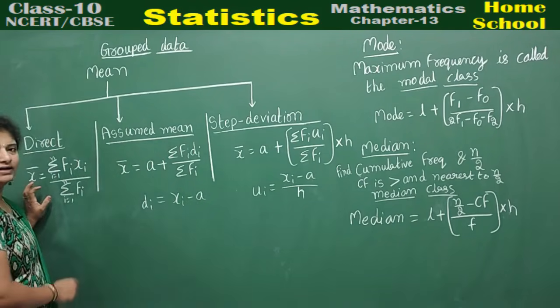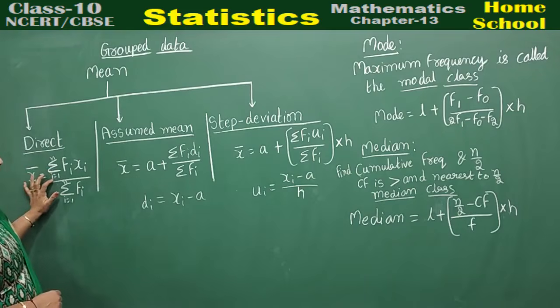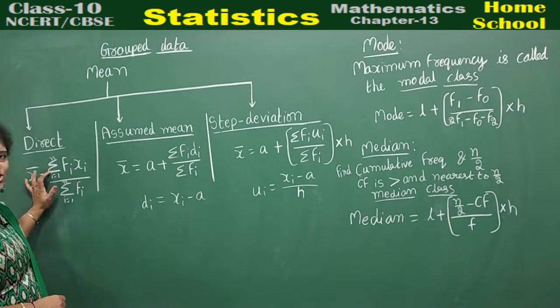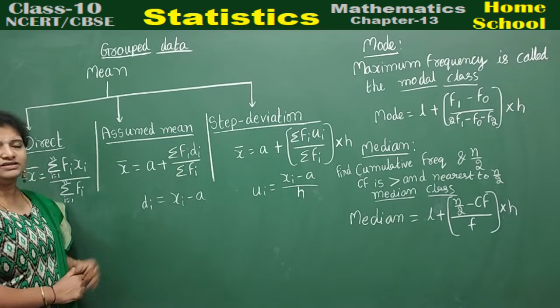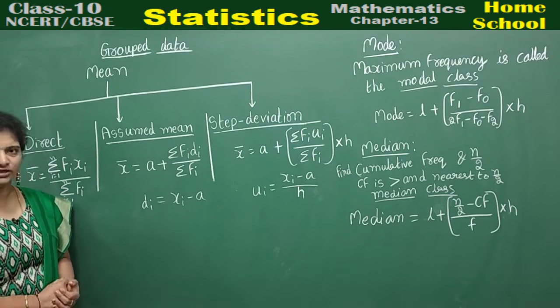X bar indicates mean. Mean x bar is equal to summation, i equal to 1 to n. What is this i? It's the range. Summation fi xi by summation fi. This is just the formula. How to calculate it, we are going to discuss in our next session.